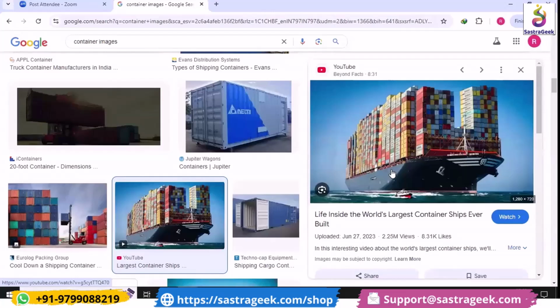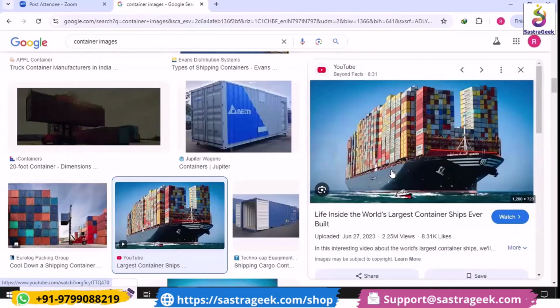Very true. Containers are only used for ocean transportation. Now that is a different case, that you're transporting from one shore to another shore. You have a land and you are moving it via some mechanism. That is a different case. Or you are opening a hotel or a room in it, creating something different.